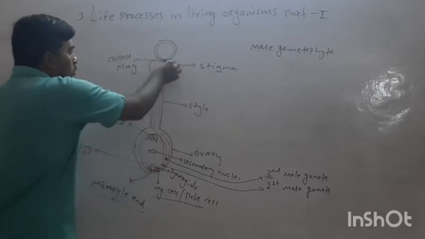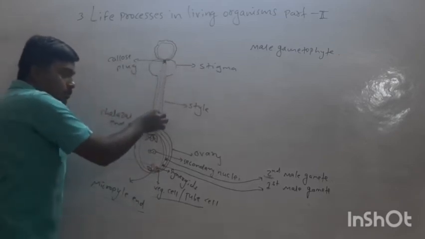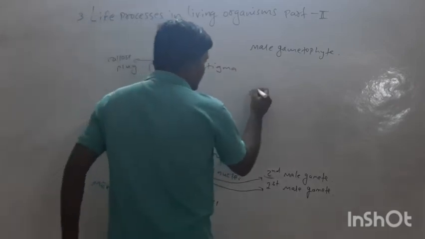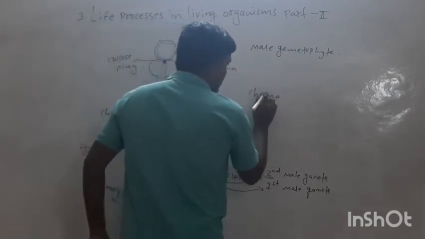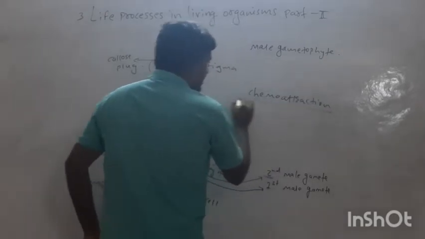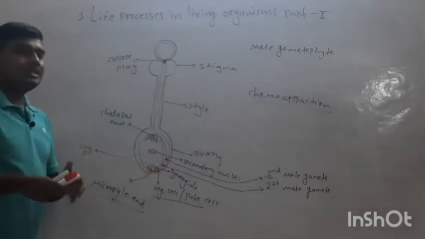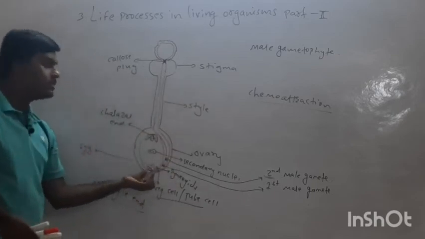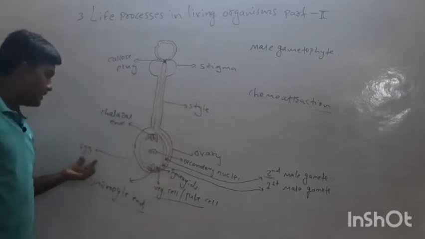What happened? This pollen tube moves by the process that is called chemo attraction. Chemically, the pollen tube is attracted towards the egg cell.